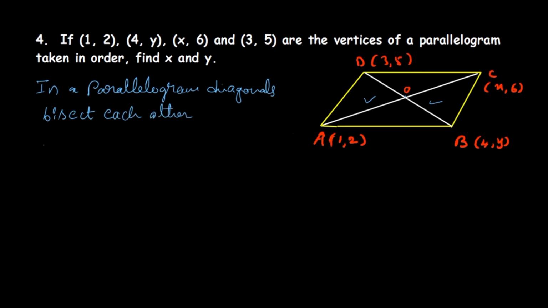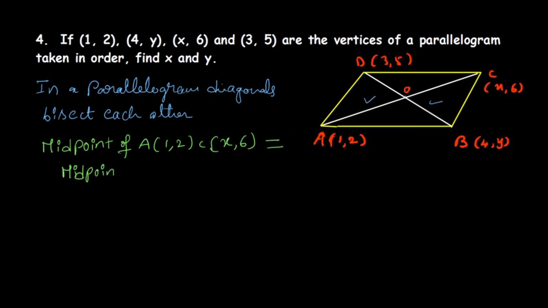Okay, so diagonals bisect each other means the midpoint of AC is equal to the midpoint of BD. A is (1, 2), C is (x, 6), equal to the midpoint of BD. B is (4, y) and D is (3, 5). Okay.